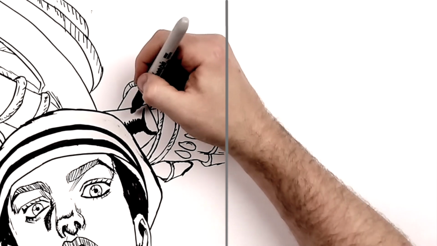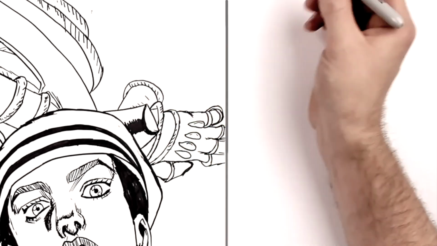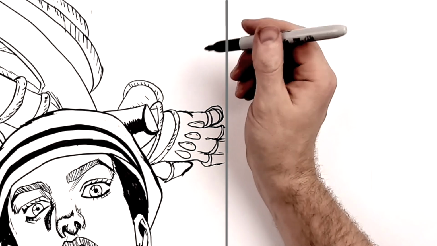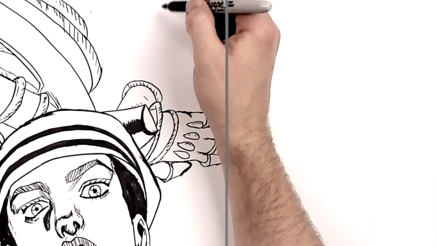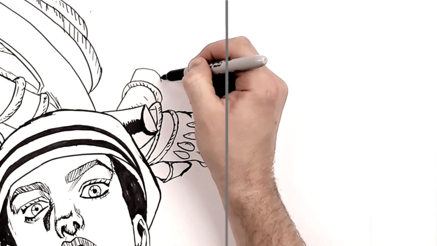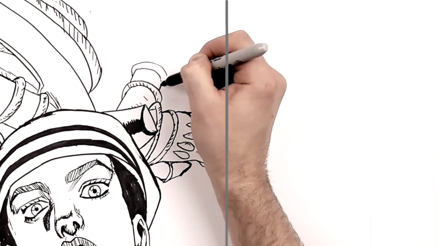Hatching on the leg. Hatching here. Difficult to see. So here goes around, down. Another coil on his leg.